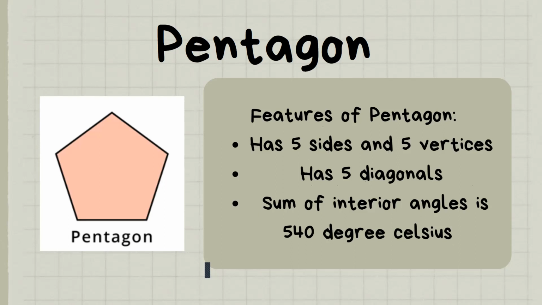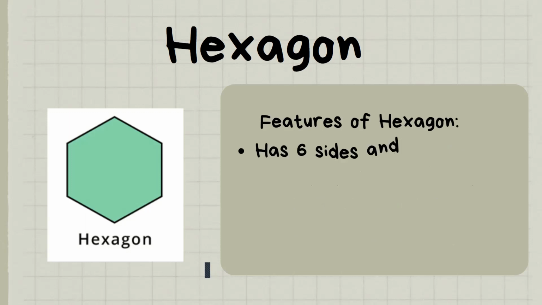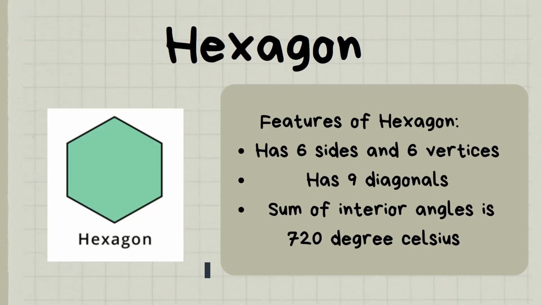Next, we have pentagon. A pentagon has 5 sides and 5 vertices. It has 5 diagonals, and the sum of interior angles is 540 degrees. Furthermore, we have hexagon. A hexagon has 6 sides and 6 vertices.